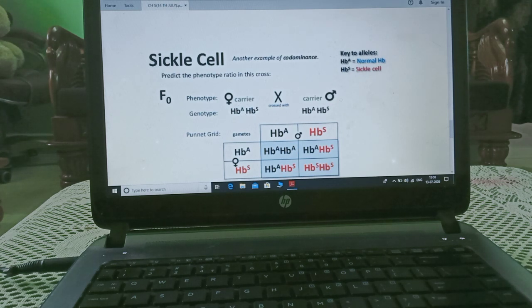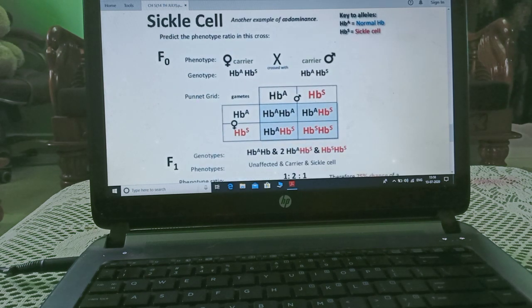Here male, again you can see HbA, HbS. Now when both are fused, the gametes will be the same. In the first condition HbA HbA, this is HbA HbS, here HbA HbS and HbS HbS.